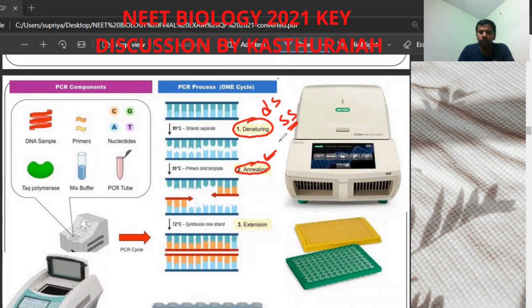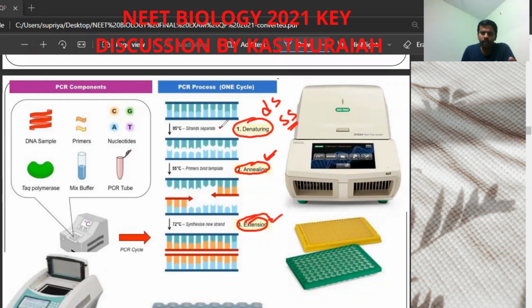So the primer will go and bind to the complementary sequences on the DNA. After annealing, the third step is extension. So annealing is over, and then the elongation of the polynucleotide chain takes place, right? That is extension.